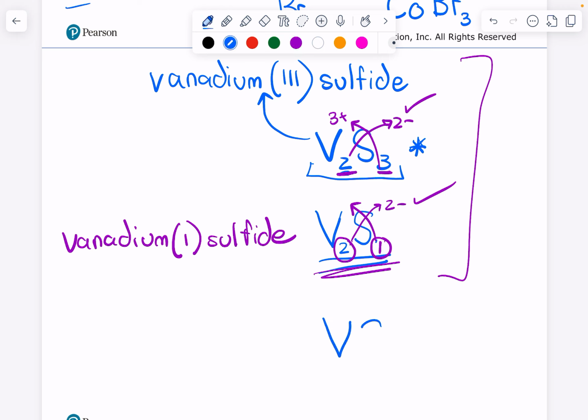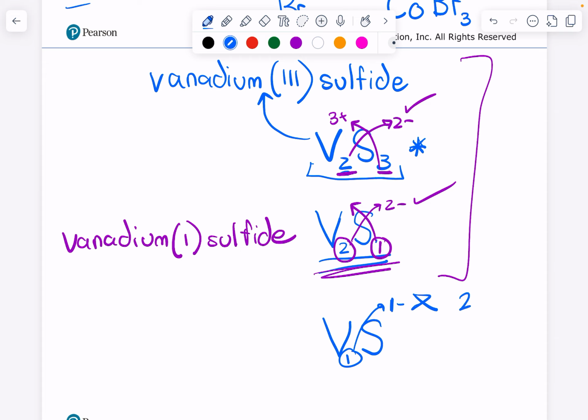So what if I had VS as my formula? And I need to figure out what the name is, so I need to figure out what the charge on the vanadium is. Well, when I try to do this reversing thing, what I find is that it's trying to tell me that this is a 1 and that sulfur is -1. And I know that that's not right.